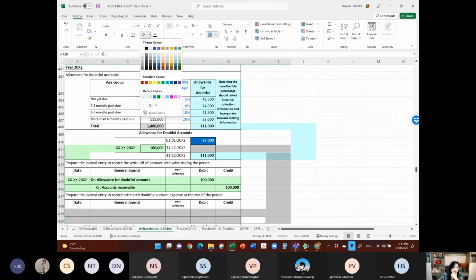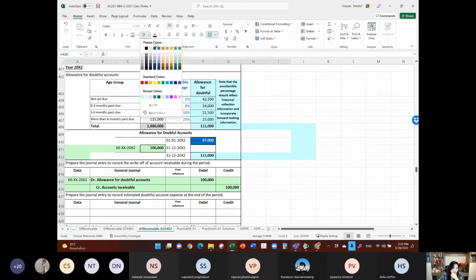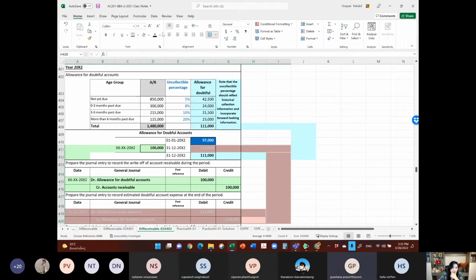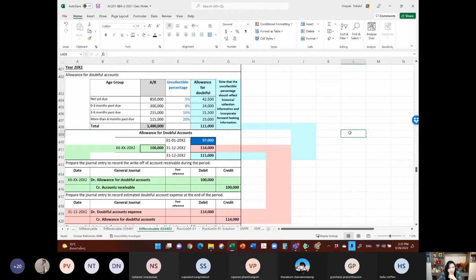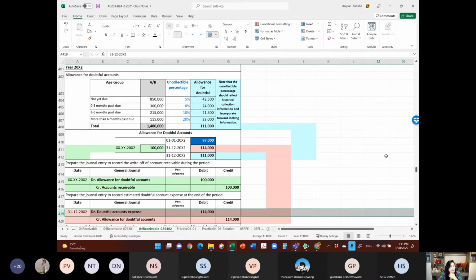So the amount is 114,000. Okay, very good. This 114,000 is the doubtful account expense that you have to record for year number 2.